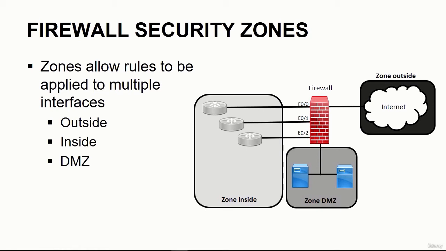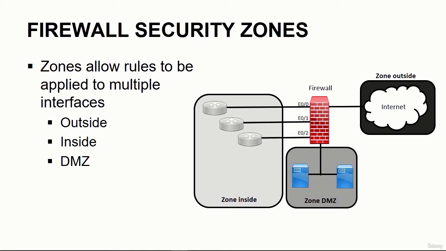For example, in this illustration, if the zone inside, and that's the inside trusted network, say the local area network or the LAN, if that network is very large and may be consisting of 3 different interfaces on the firewall, zone rules can be applied to all 3 interfaces at once with a single set of configurations that's applied to the zone. And then every interface in that zone inherits those configurations. The purpose for this is to reduce administrative overhead and reduce the opportunity for configuration errors.